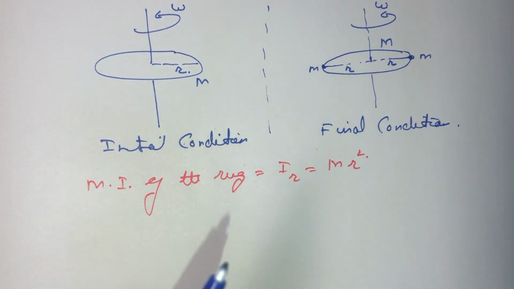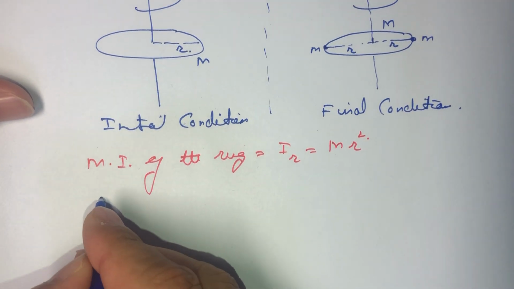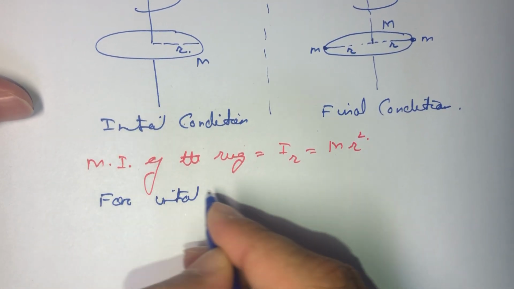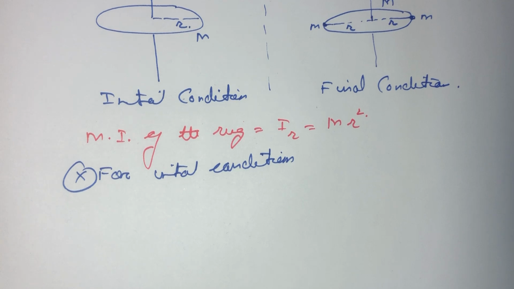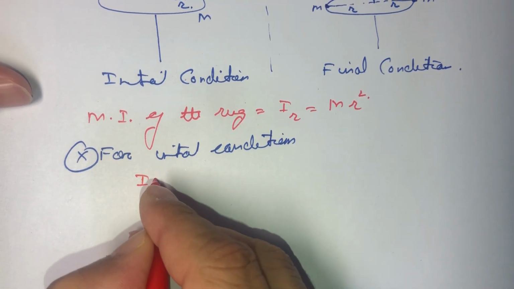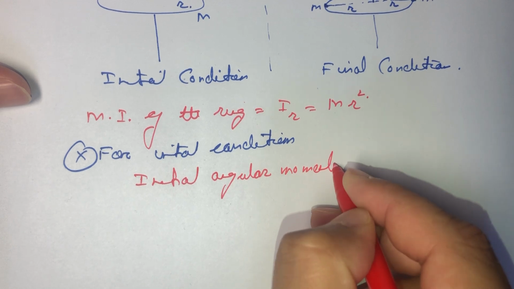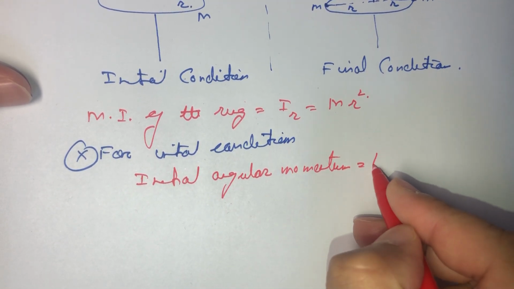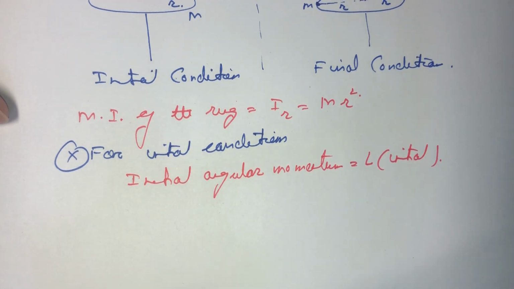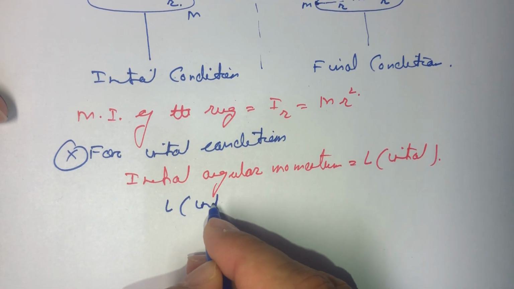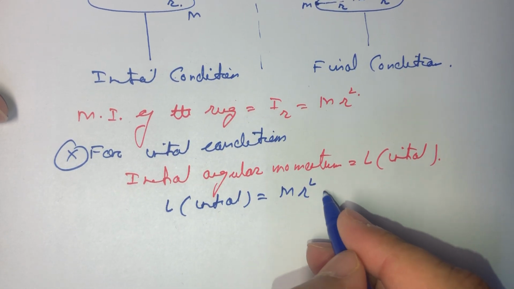And let us suppose the initial angular momentum, for the initial condition, let us denote it by L initial, and L initial will be given as M r square multiplied by the angular velocity omega.